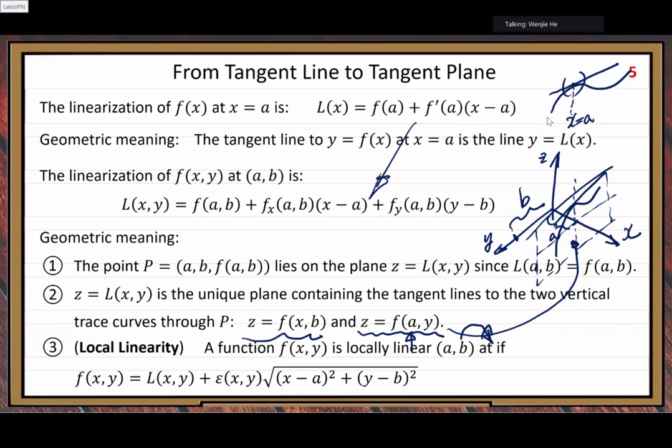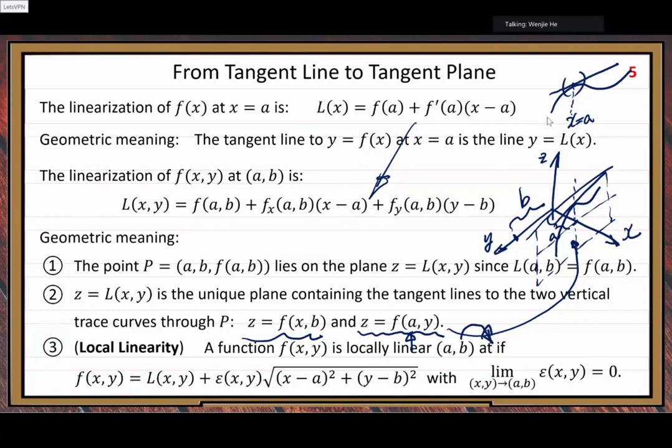The distance function times a certain epsilon function, but the epsilon function has this limit. When x, y approaches AB, the limit of the epsilon function should be 0. If f of x and y satisfies this condition, we say it has the local linearity property. That's the definition. Okay? Definition.